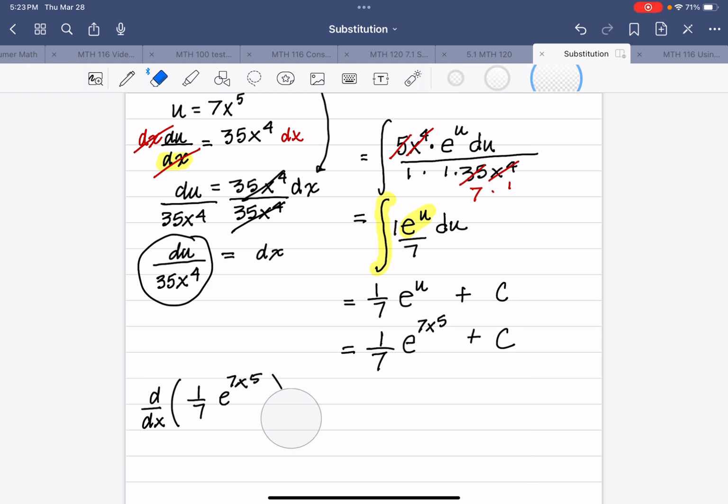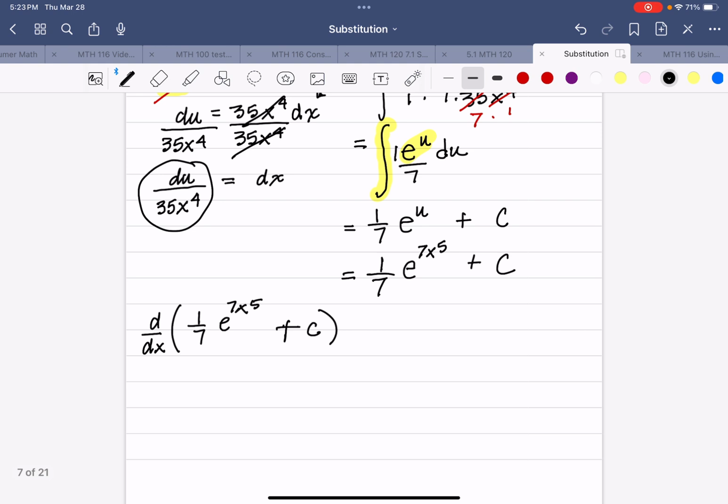And look, if I take the derivative of that plus c, it's going to be a 0, so I really don't have to worry about that, but I'll go ahead and write it. So the derivative of an exponential expression is 1/7. You copy e just as it is. You multiply that times the derivative of that, which would be 35x to the 4th, and then plus 0.